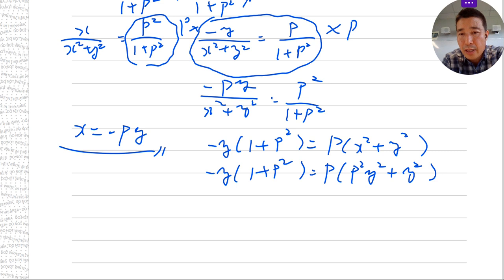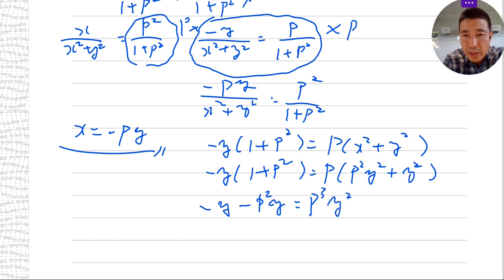Now, I am going to expand both sides. Minus y minus p squared y equals p cubed y squared. No, actually, I can factorize by y squared, that's a better way, and then I multiply p inside.